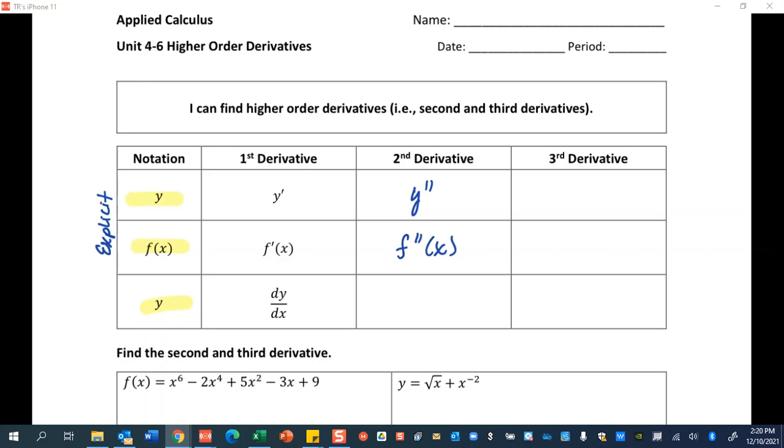So if you see those two little tick marks, that means you're asking for the second derivative. You have to take the derivative of the derivative. So if you're a thinker, tell me what you would guess our third derivative notation is going to be. Yeah. So we have y to the 1, 2, 3 and f 1, 2, 3 of x.